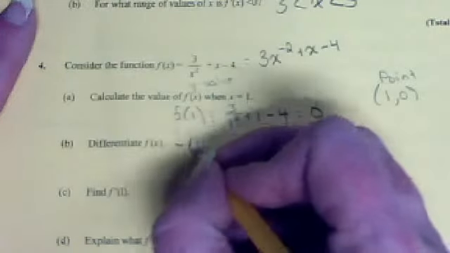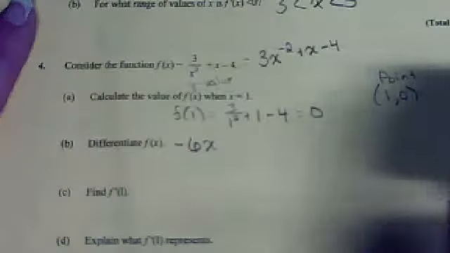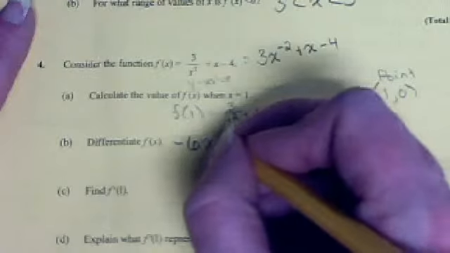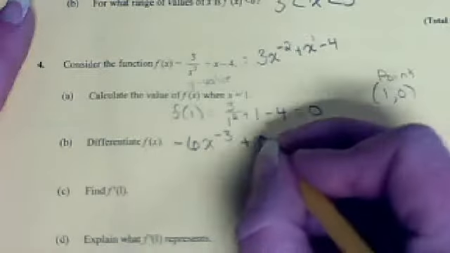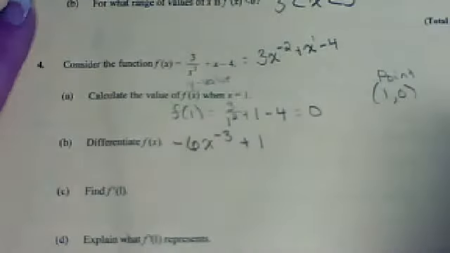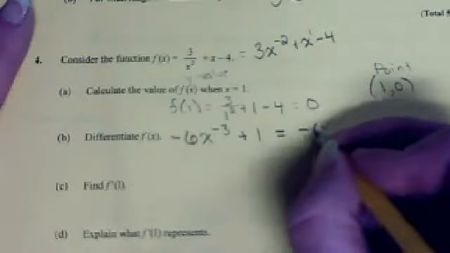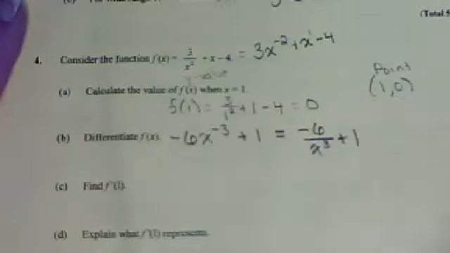So I'm going to get negative 6 and subtract 1 from my exponent. If I subtract 1 from a negative 2, I get a negative 3. This is really a 1. 1 times 1 is 1. When it drops, it goes away. Another way to write this is negative 6 over x cubed plus 1.